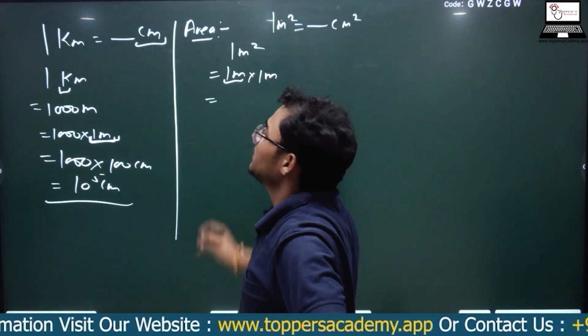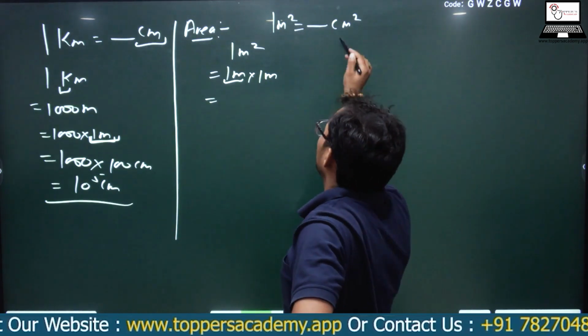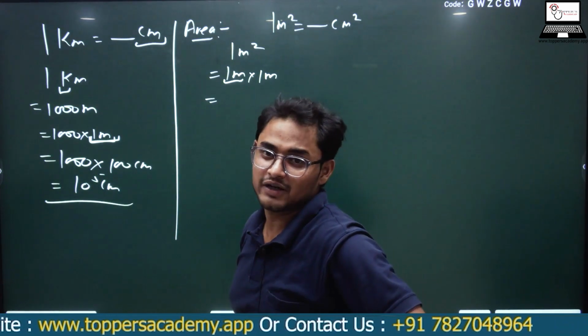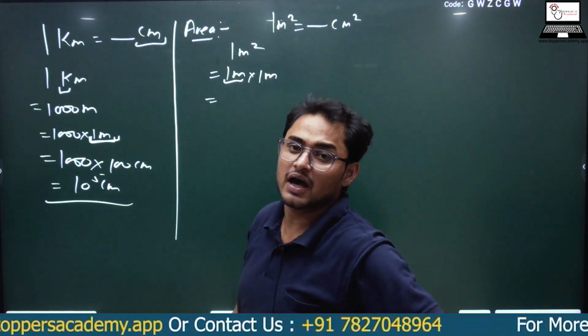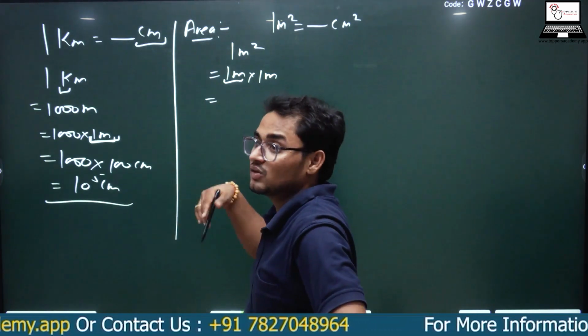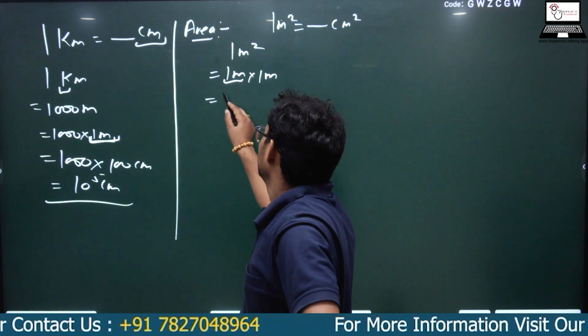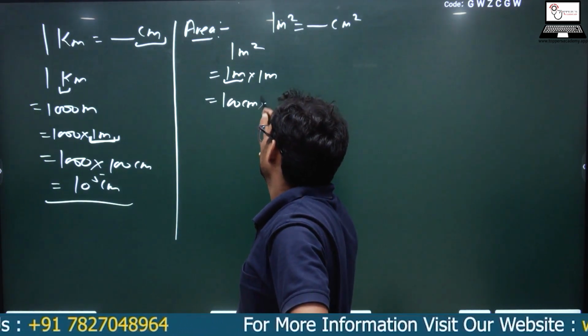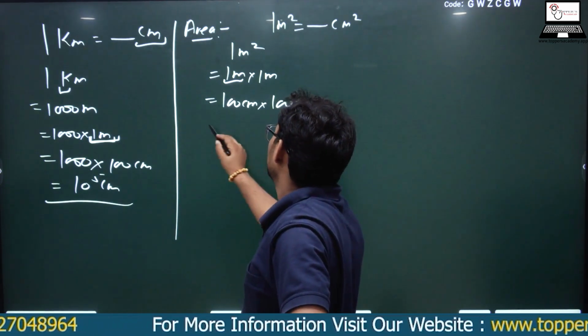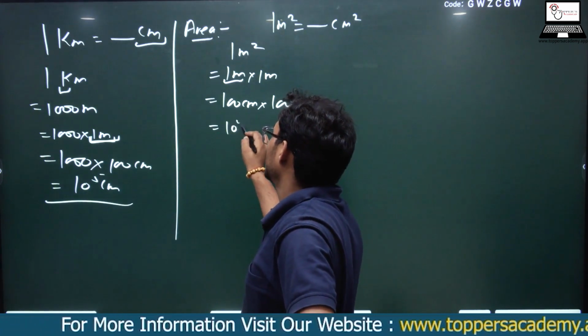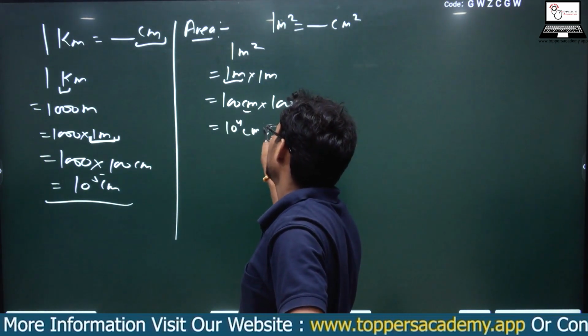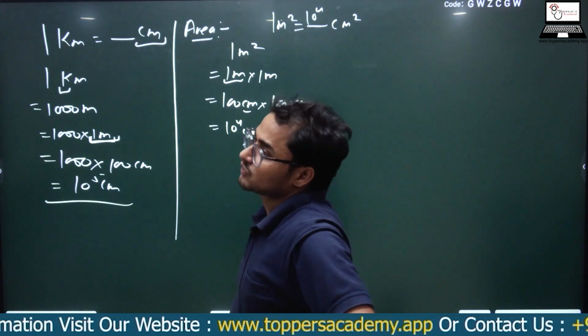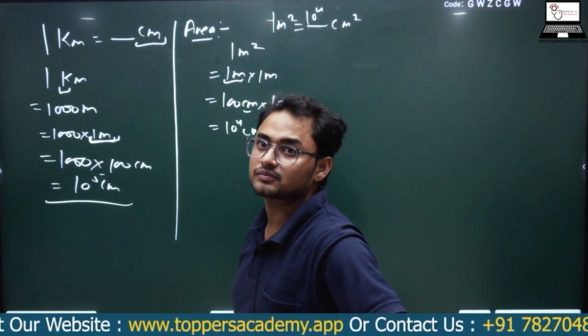That means in place of 1 meter, I am going to write 100 centimeter, because I know that 1 meter is equal to 100 centimeter. 100 centimeter into 100 centimeter, 10 to power 2, 10 to power 2, 10 to power 4 centimeter square. That means 10 to power 4 centimeter square. Got it? In this way.